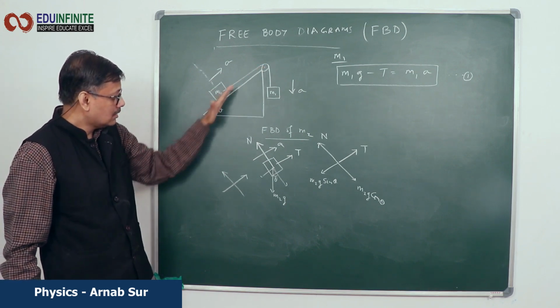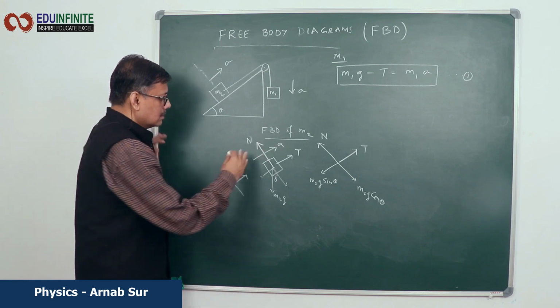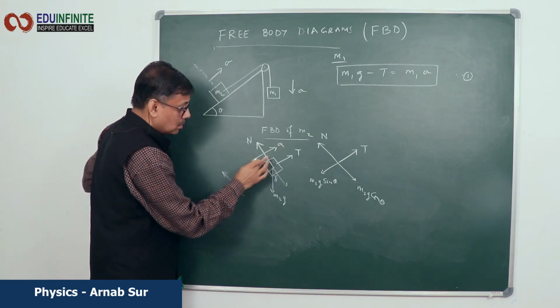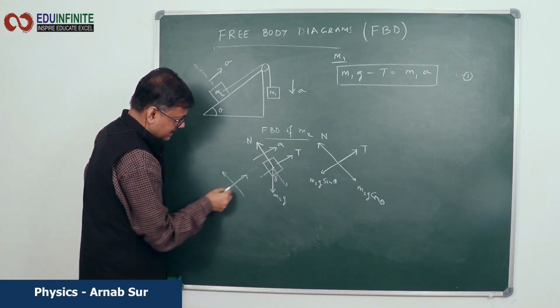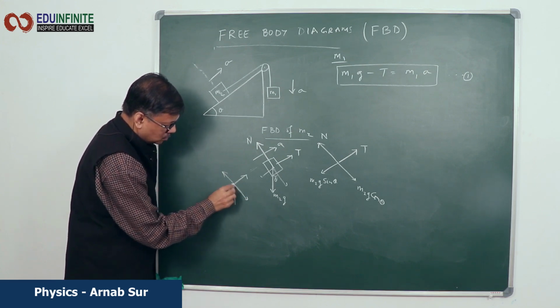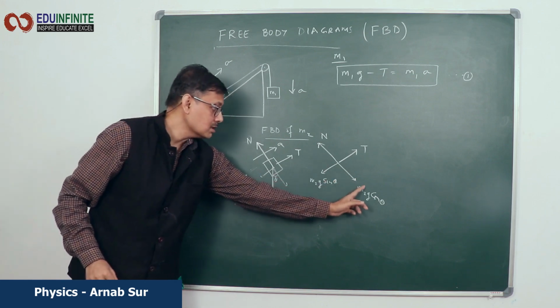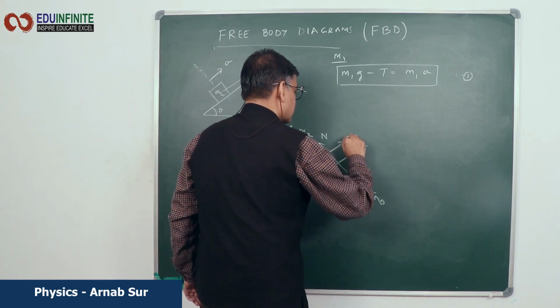We are choosing our coordinate system along the incline, so T is along the incline, N is perpendicular to the incline. So we are not resolving these two. But the weight is not along this axis, so we are resolving it into two components. This will be the cos, this will be the sine. And the acceleration is in this direction.